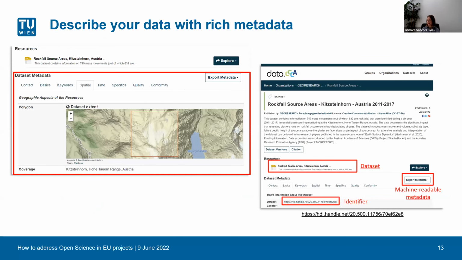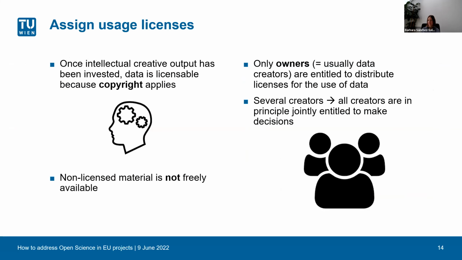Another big advantage of using repositories is that you can describe your data with rich metadata, and even more so in a machine-readable way. So this again enhances your visibility, the visibility of your team and of your data set. And it also enhances the understandability of your data. You should assign usage licenses. I mentioned licenses already.